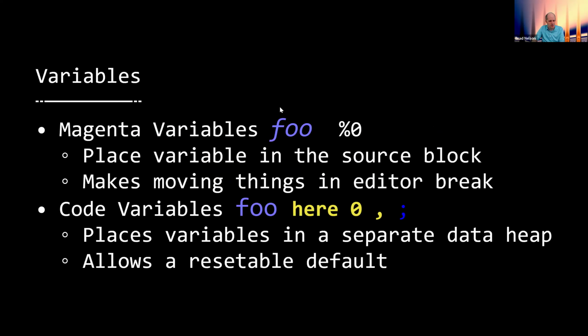The other kind of inconvenience I've noticed implementing an editor in ColorForth is that if I have magenta variables in the source code, now when I move them, I'm potentially damaging the editor and confusing the thing that I'm using live.